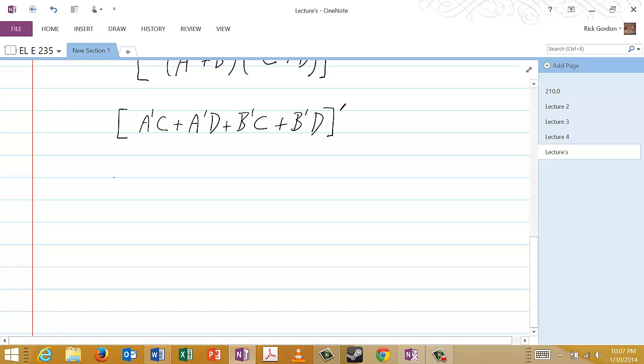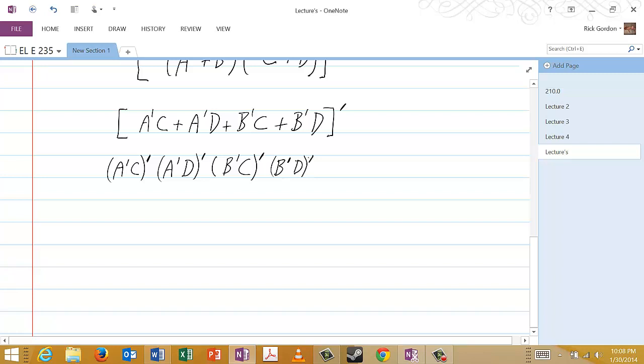So we have A complement C. We need to take the complement of that, take the product of that with the complement of A complement D, and then we'll need B complement C, that needs to be complemented, and B complement D also needs to be complemented.